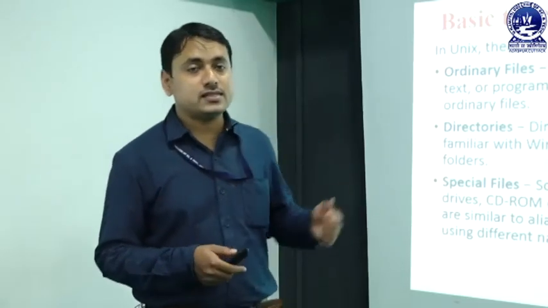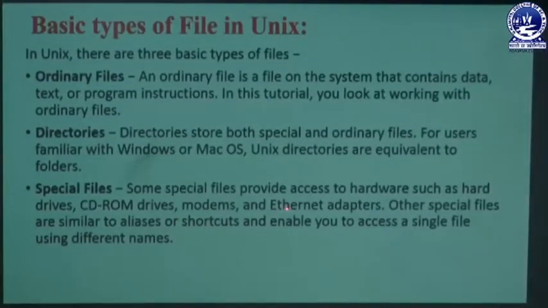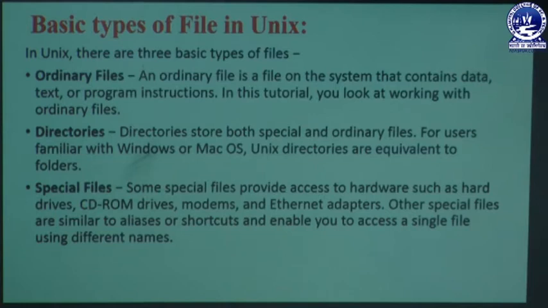Now we can focus on the slide. Here we have already discussed the Ethernet adapter. That means the Ethernet adapter can also provide some relevant file structures from source to destination, which are cached through our computer system. Then we have other special files similar to aliases or shortcuts, which enable you to access a single file using different names.